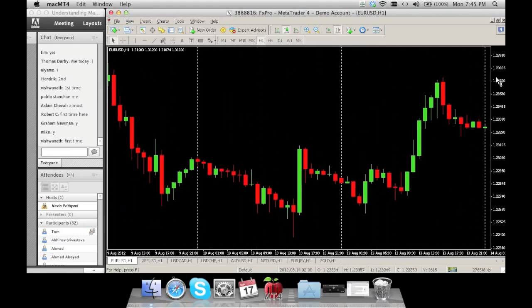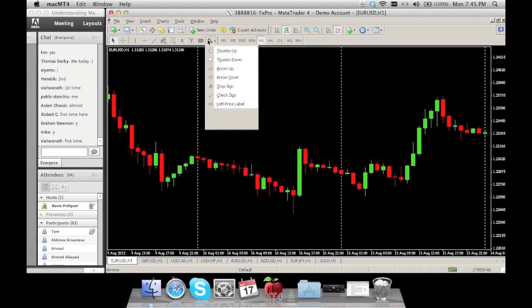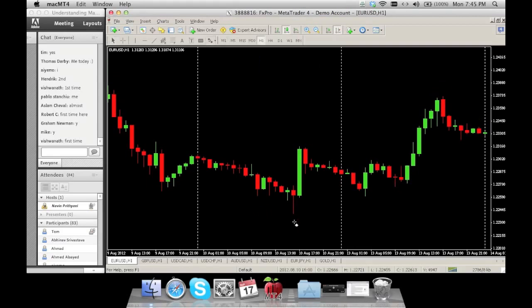Now, this candlestick pattern here is what we call an exhaustion. What an exhaustion basically means is the market tries to go in one direction and it could not go, it comes back and it closes near the open, and hence the term, it gets exhausted.